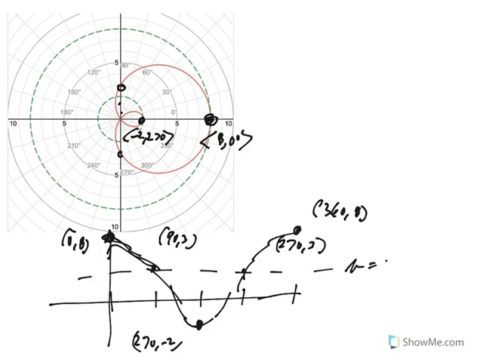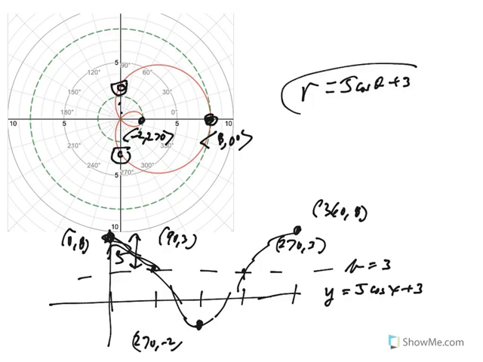And the b value is just 3, which actually we could read right off of this graph here. And the amplitude is 5. So this curve is y equals 5 cosine x plus 3, which makes this thing r equals 5 cosine theta plus 3.